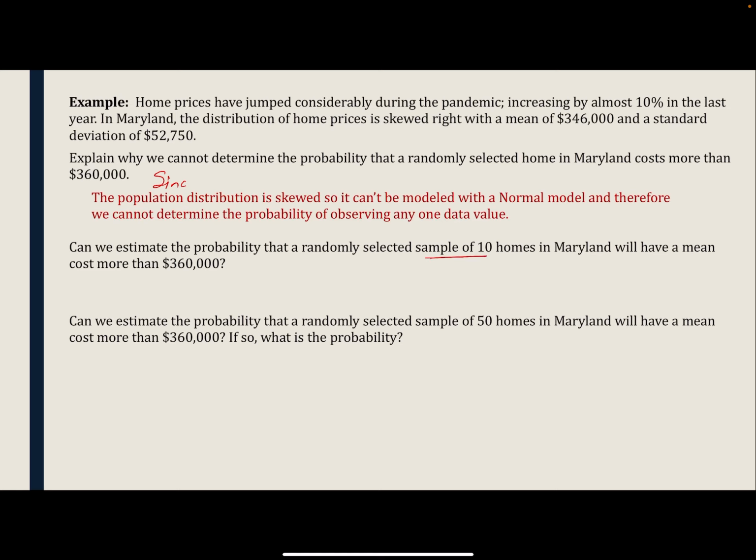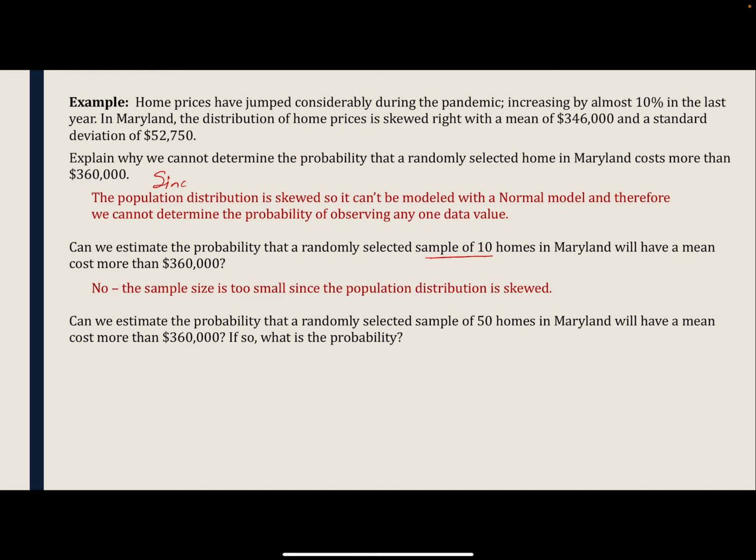Well, since the population distribution is skewed, I need a sample size that's bigger than 30. So a sample size of 10 is too small, and we would say, no, the sample size is too small since the population distribution is skewed. If the population distribution was normal, the sample size can be anything.